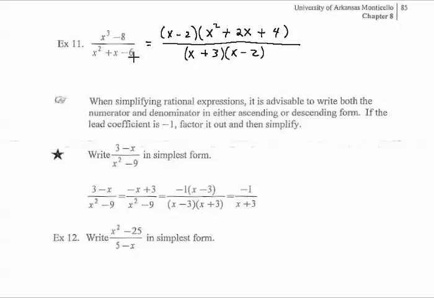So the denominator factors as x plus 3 and x minus 2. And you can see that we have something common to both the top and the bottom. x minus 2 cancels out. And so in the end, all we have is x squared plus 2x plus 4 on the top, and an x plus 3 on the bottom.